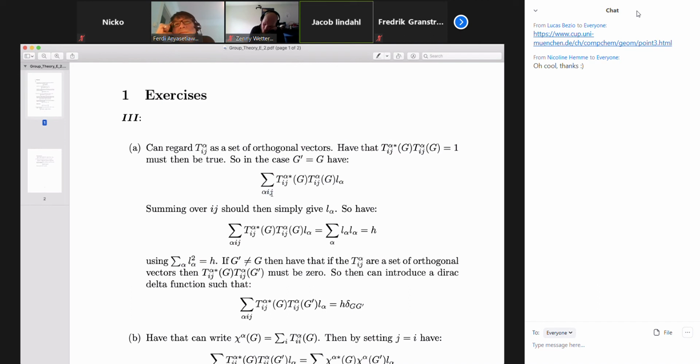Then we sum over ij, which gives us the dimension times the square, which gives us h. Then these are a set of orthogonal vectors, and we have a representation of one element G and the representation of another element G prime, which is not equal to G. This has to be a different vector. So if they're orthogonal, this product should be 0.